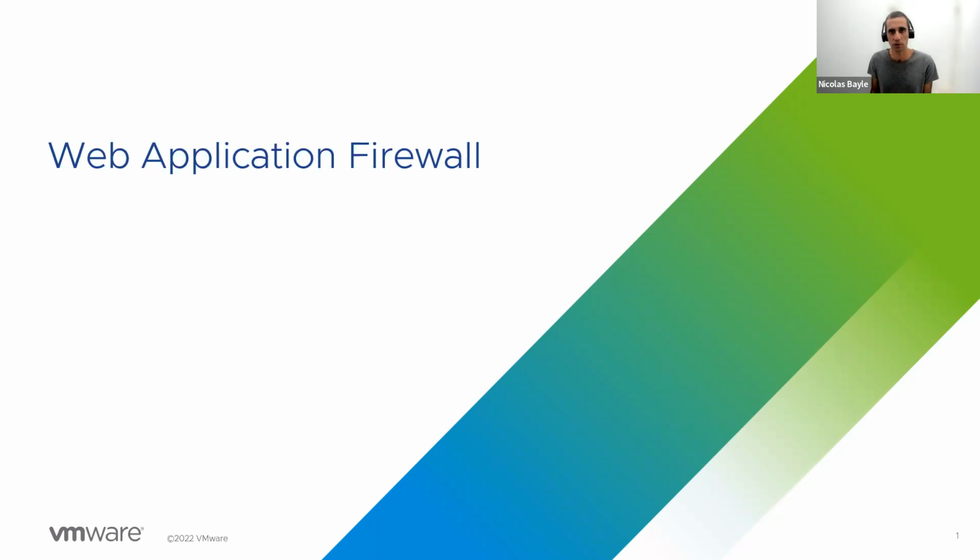Here we're not talking about the same thing. These legacy firewalls basically check the IPs of your clients, open some TCP ports, and make sure there are no TCP flooding or UDP flooding attacks.